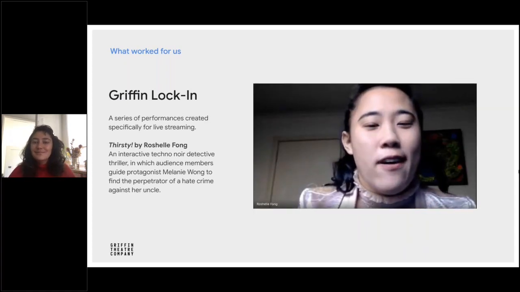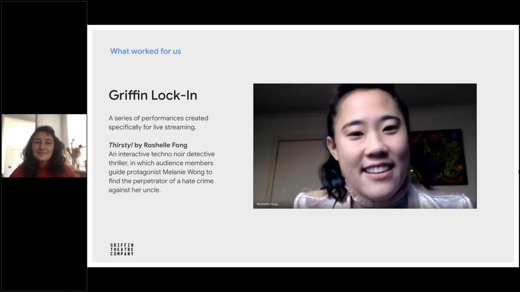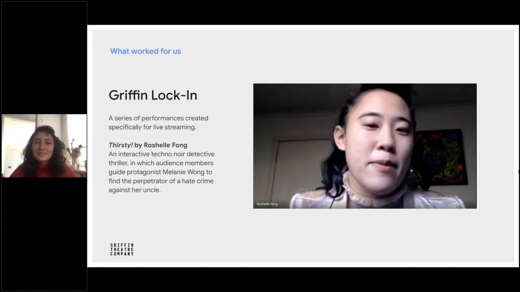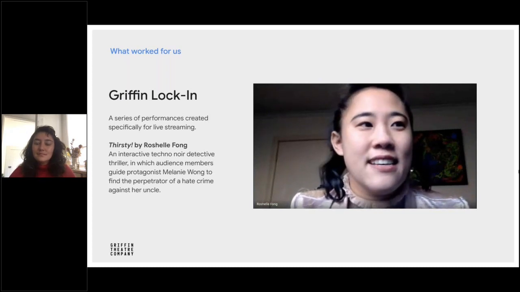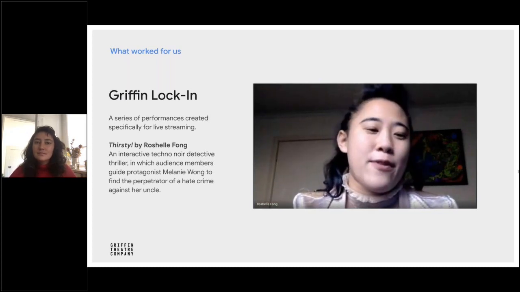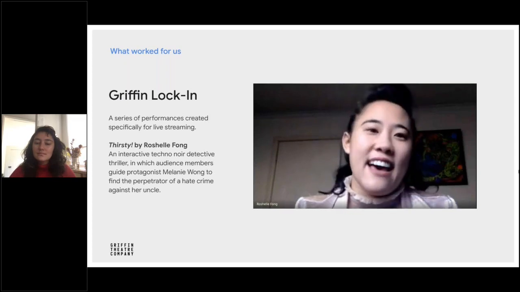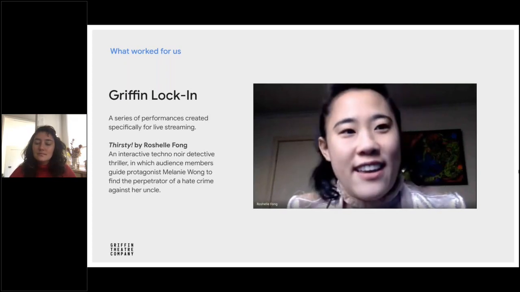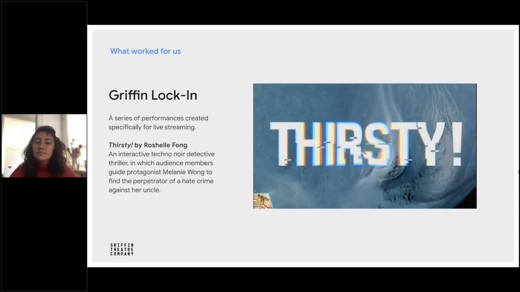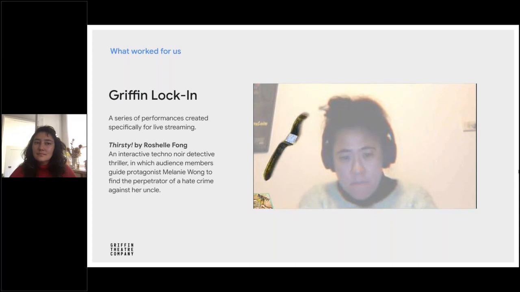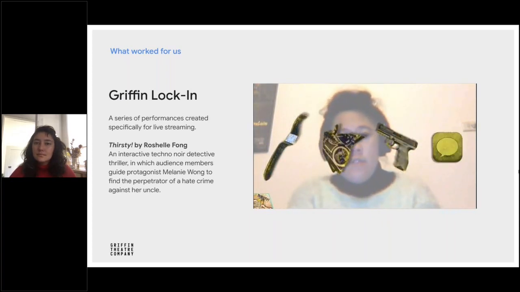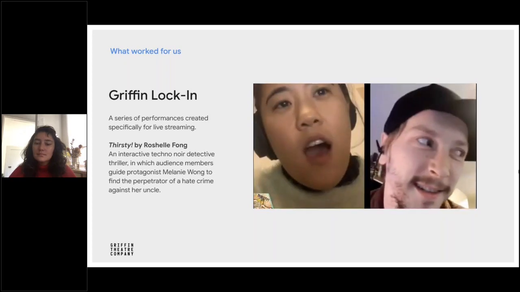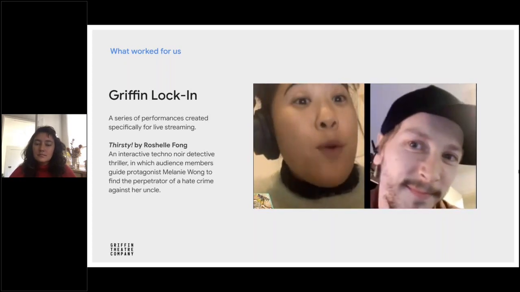My name's Rochelle Fong and I'm a multidisciplinary artist. I've been making immersive site-specific theatre shows for the last couple of years. And so it was really exciting to bring that from the streets to online. And for Griffin Lock-In, my show Thirsty is an interactive techno-noir detective thriller. In it, the audience are playing online detectives who are guiding the protagonist, Melanie Wong, as she meets the perpetrator of her uncle's hate crime.